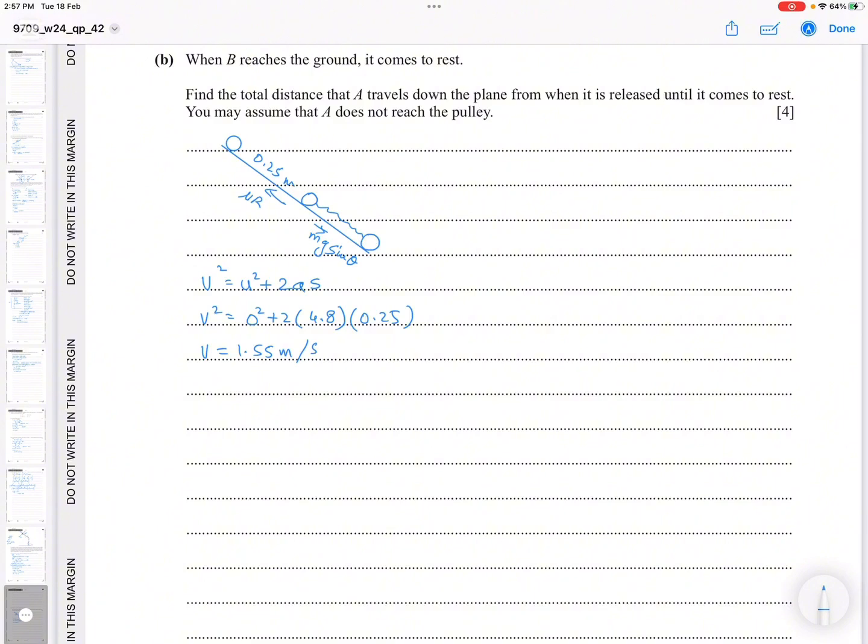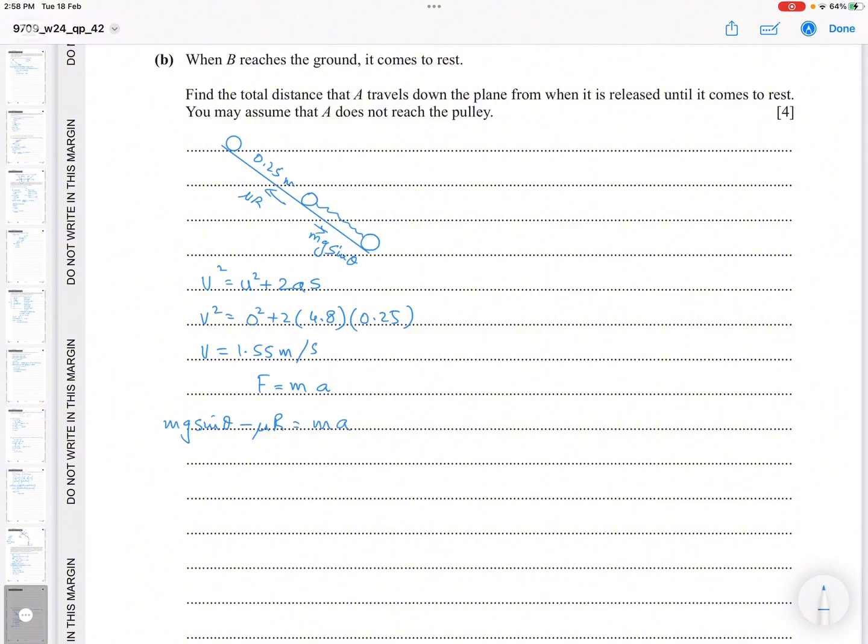Now find acceleration of A when B reaches the ground. So use F is equal to ma. F is our mg sine theta minus mu R, you can see in the diagram, is equal to ma.